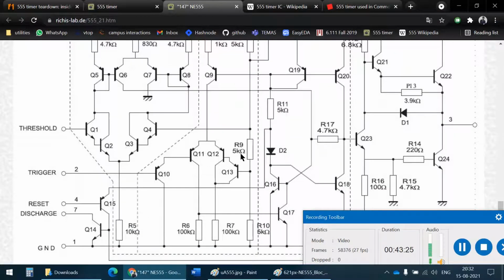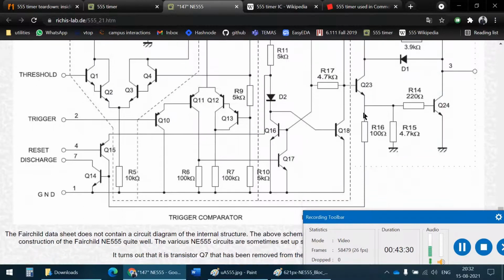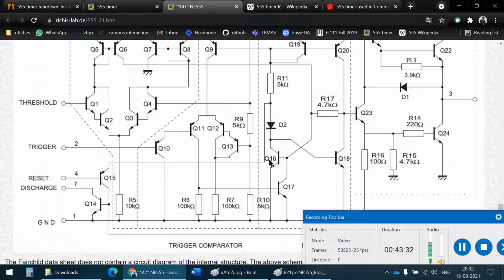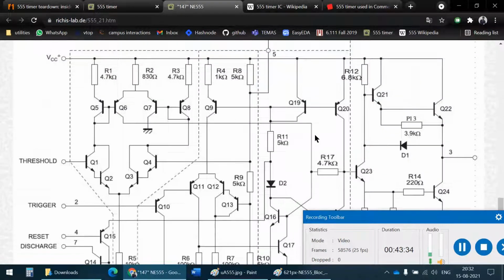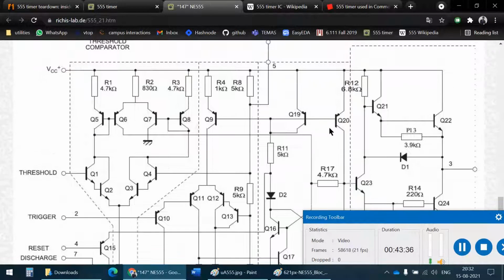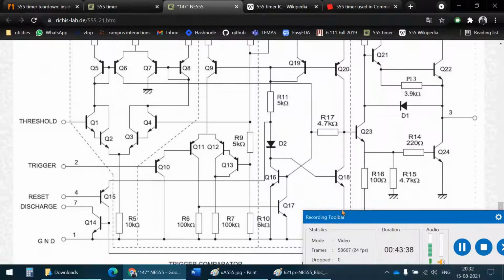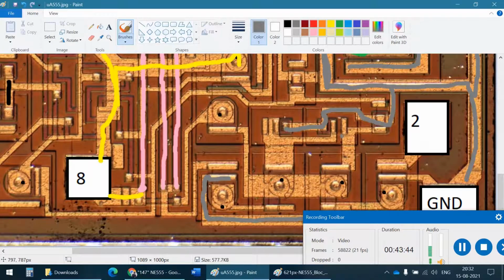If I had to guess, it might be around here, these transistors. Yeah, might be these transistors. These transistors seem like it. I would say that this would be 16, 17, 18.